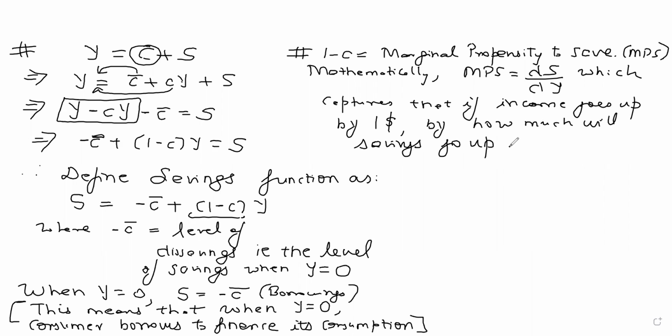So MPS is going to capture that if your income goes up by $1 more, by how much will your savings go up?